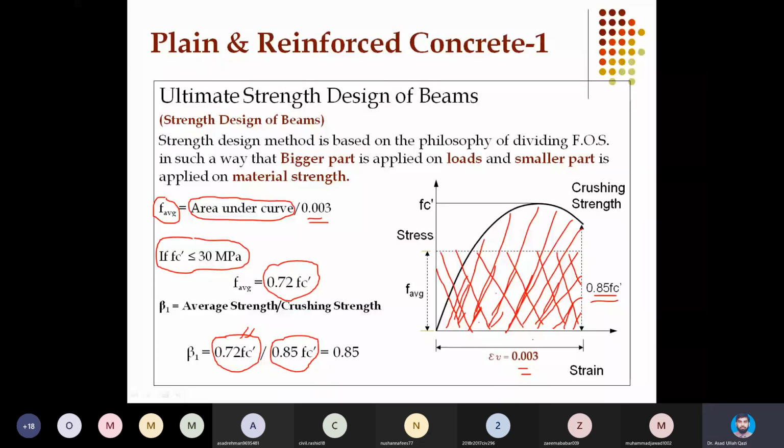So for concretes up to 30 megapascal, we will end up with beta 1 equal to 0.85. So for all concretes up to 30 megapascal, this ratio of average over crushing will be 0.85. This beta 1 we are going to use in the next slides, where we want to replace the actual stress strain curve with the uniform stress block depth.